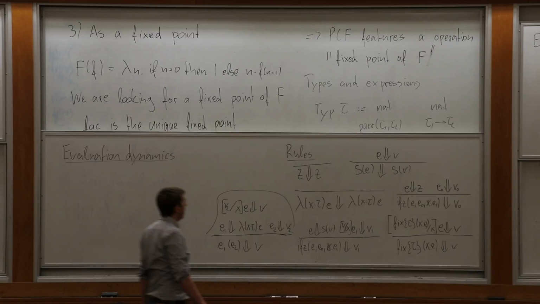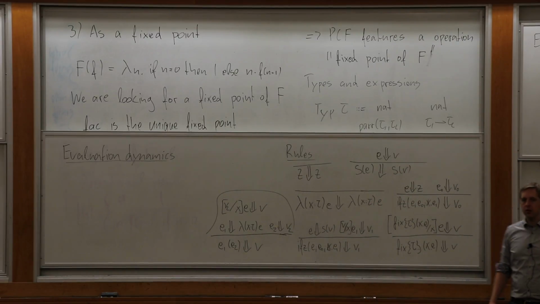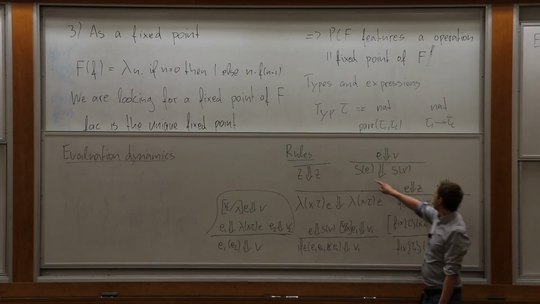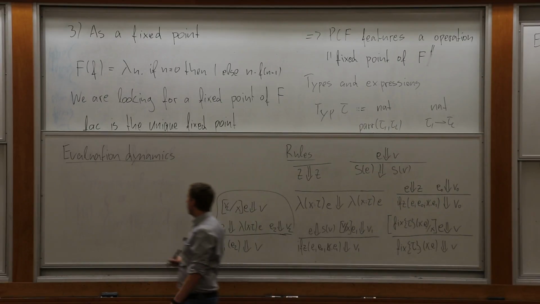But here I already decided to do the eager one, right? Because otherwise I would just return S of E here. So in our case, what are the values?